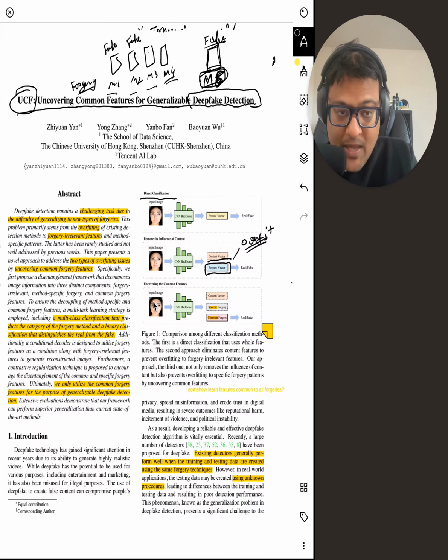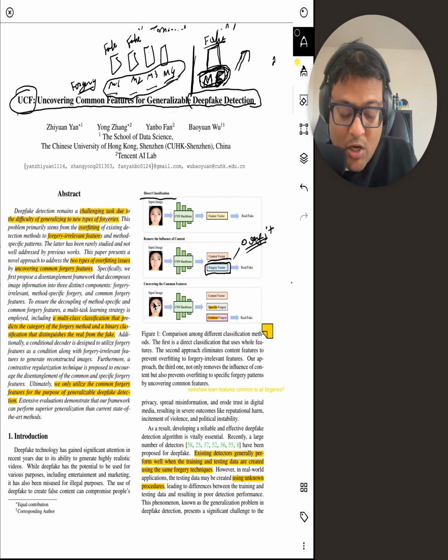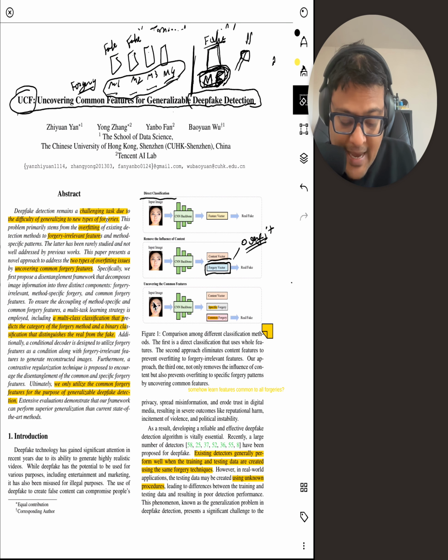So if during inference you get any other model which acts as a fake generator, your model is not able to distinguish M5 from these four, because it has never seen M5's forgeries during training. Okay, so now the point is that this is a limitation, and what is the key problem you want to solve?